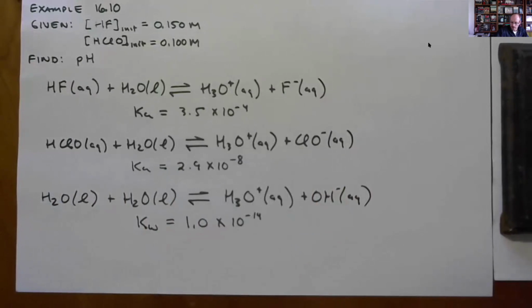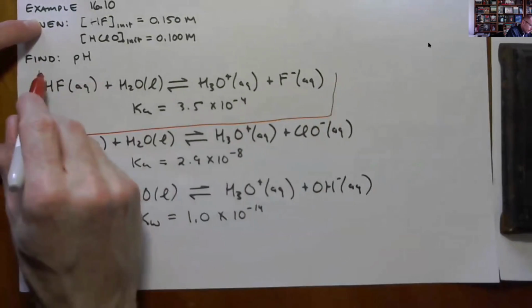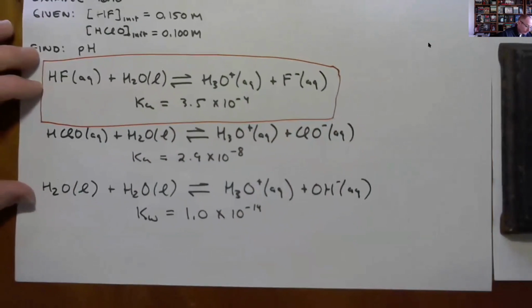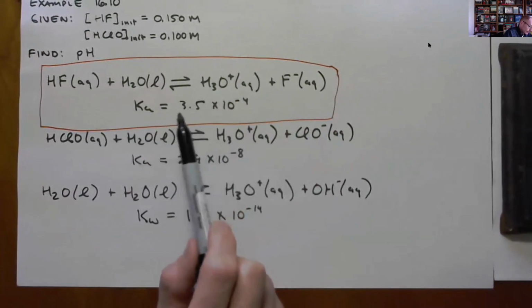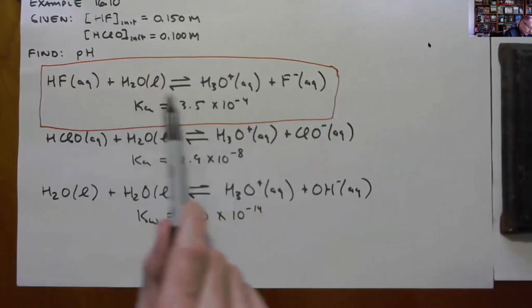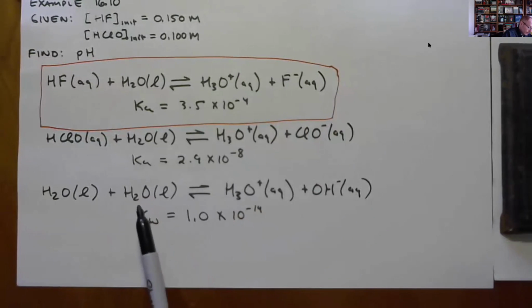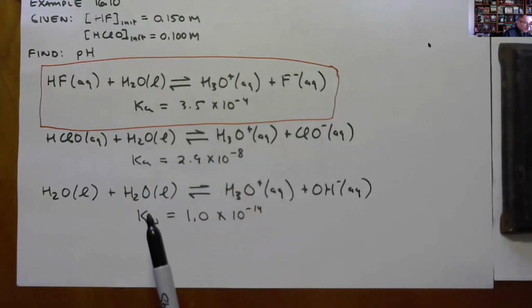So in effect, we're going to focus on this first reaction alone. Now, if we wanted to go about this properly, we could consider all three reactions simultaneously, introducing a change variable, x, for this problem, another change variable, y, for this problem, and another change variable, z, for this problem, where x, y, and z represent the amount of hydronium generated by these three reactions.